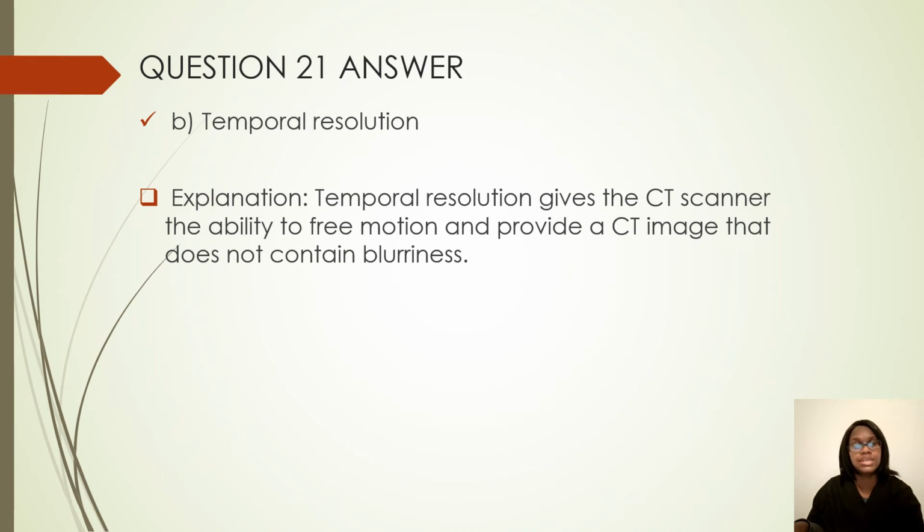Temporal resolution. You have the ability to freeze motion on the CT image, and it does not contain any type of blurriness. So when you think of temporal resolution, think of freeze. That's how I always remember it.